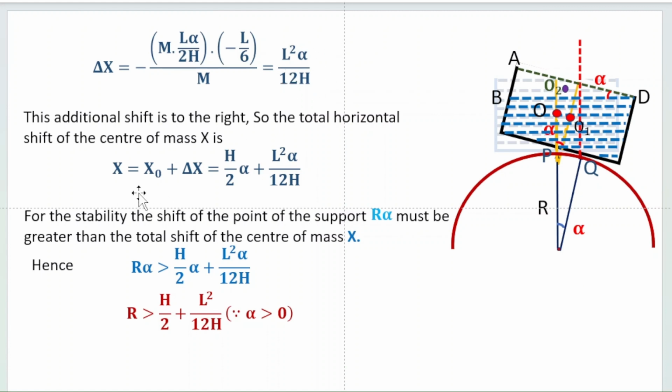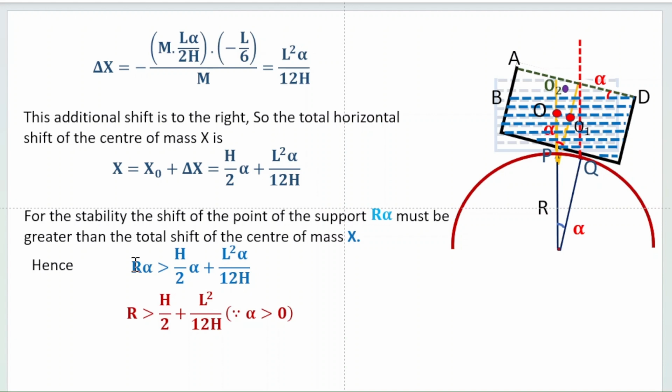Now the total displacement is equal to the displacement due to the tilt plus the displacement due to the removed mass. Due to the tilt, h by 2 alpha, plus due to the removed mass, this value, that is L square alpha by 12h. You have to substitute. What is the condition of stable equilibrium? The displacement of the contact point should be greater than the displacement of the center of mass of water.